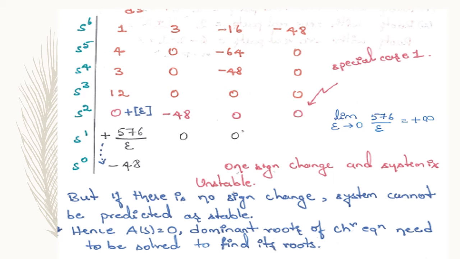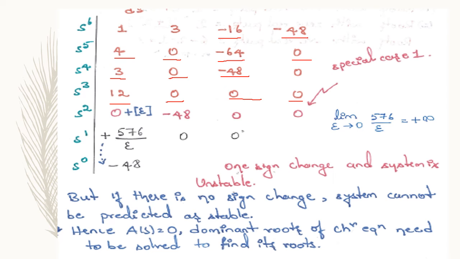So to solve this, we have 1, 3, minus 16, minus 48, 4, 0, minus 64, 0. From the previous equation, the auxiliary equation, we got 3, 0, minus 48. From the auxiliary equation solution, we got 12, 0, 0 and 0.